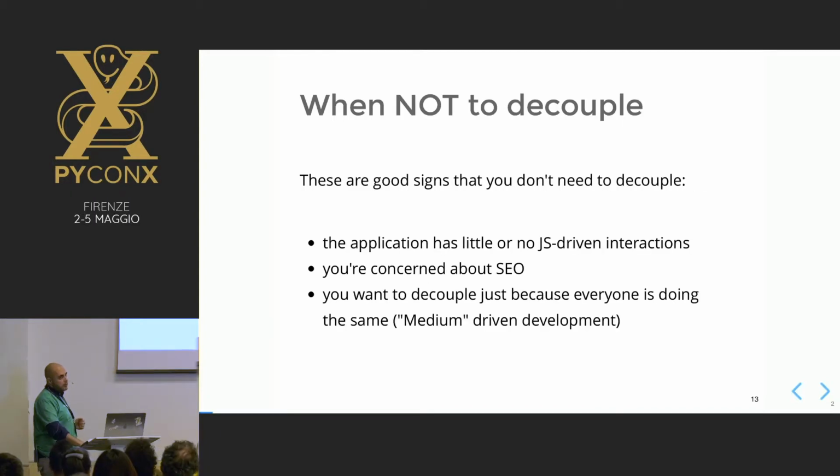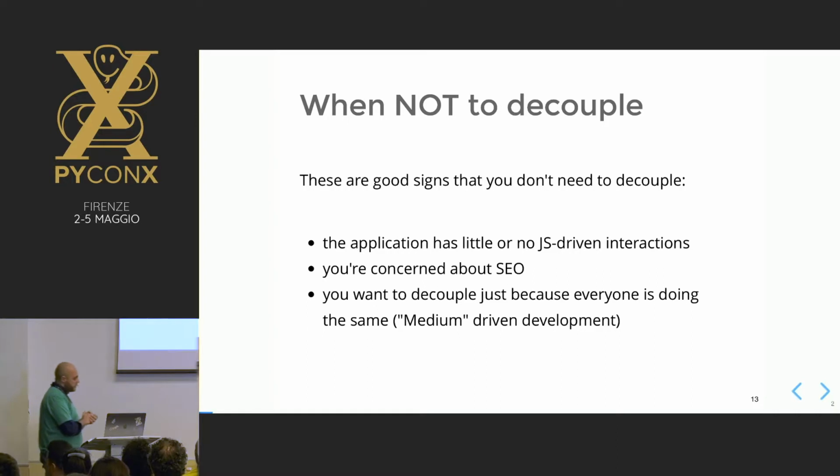When not to decouple. Really, you should ask yourself if it makes sense to decouple. If the application has little or no JS-driven interactions, then there's no need to decouple. Please don't put JavaScript just for the sake of it.